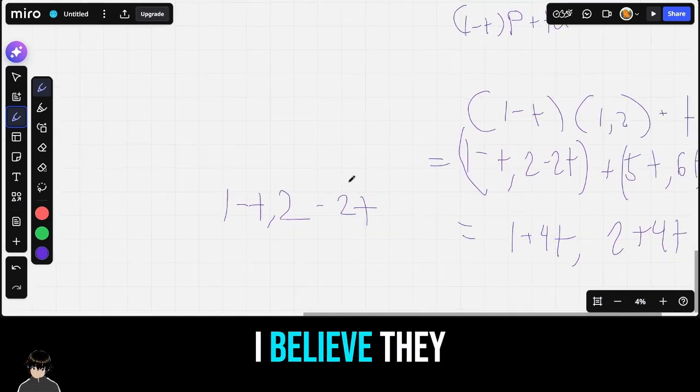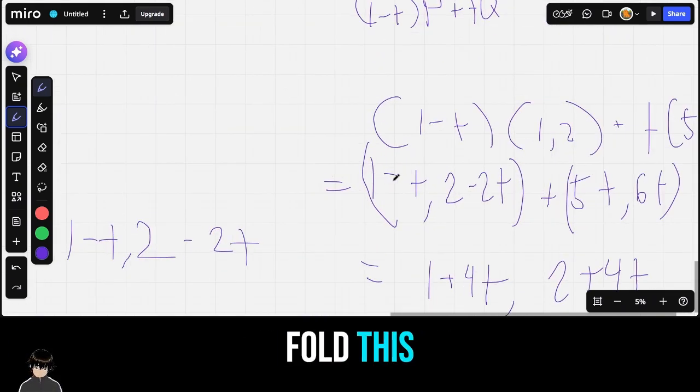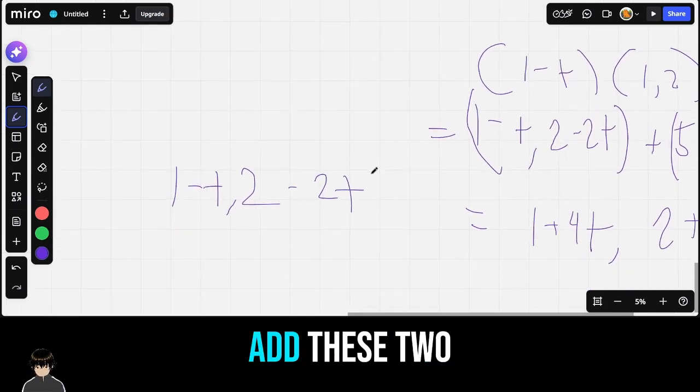But I believe they foiled this. So if you have that, now you have to add these two.